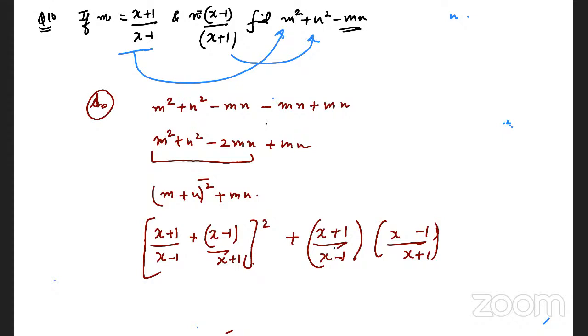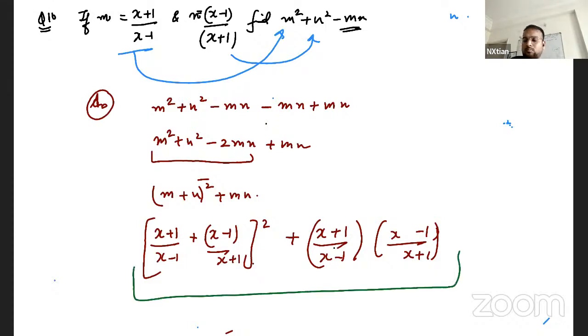The second half gets cancelled. Yeah, this you have to solve. First of all, you have to solve this, then you have to open the square, and then you have to solve this, and you have to end. Try it, and then you tell it to the body.